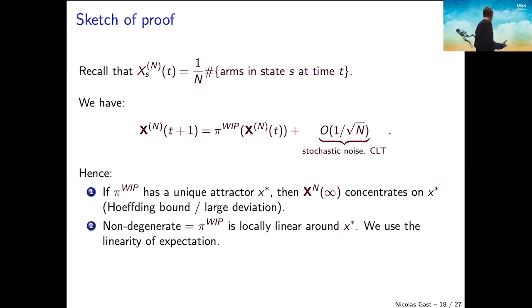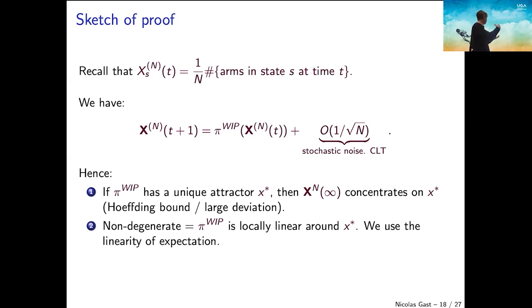And then the other thing is that non-degenerate means that this thing is locally linear around this x star. If pi width is linear, the expectation of this is 0, so we can exchange expectation and this linear function, and so the suboptimality gap is 0.